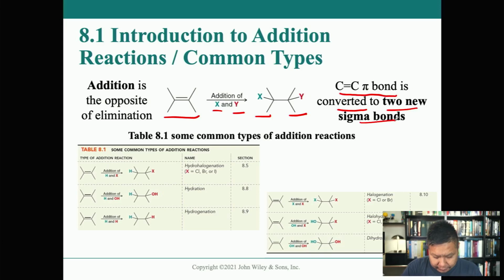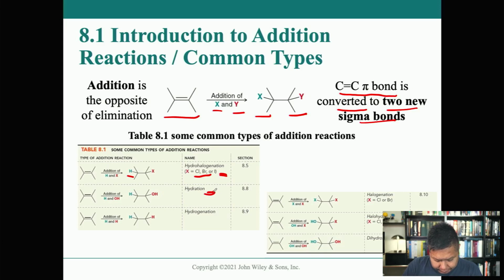Okay, so there are a few different types of addition reactions that you see here, and we'll go through them in the next lecture or so. We have hydrohalogenation, we have hydration, right? Hydrohalogenation is what I was just speaking of before, where you have a halide with a hydrogen being added.